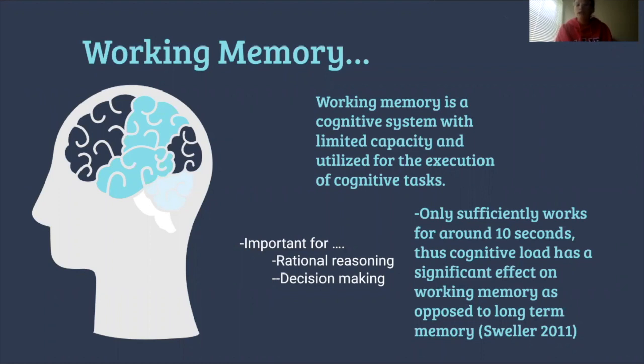A key note about this is that it only sufficiently works for around 10 seconds, and thus cognitive load has a significant effect on working memory as opposed to long-term memory. And that is a note from one of the literatures that we used in our study. And working memory is important for rational reasoning and decision making, which humans use all the time in our day-to-day lives.